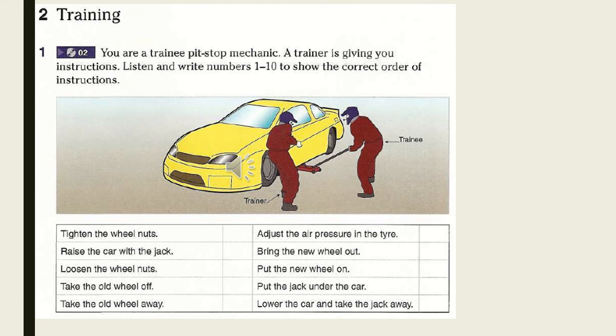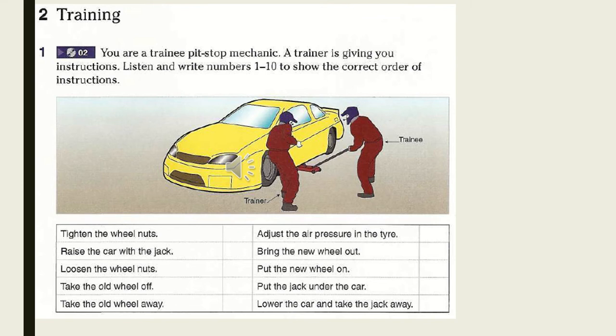Okay, the first thing you've got to do is bring the new wheel right up to the car, okay? Yeah, I'll get it now. Good. Now, the air pressure in the tyre is probably wrong, so you need to adjust it, okay? Check the pressure, then either let some air out or pump some more air in. Got it.